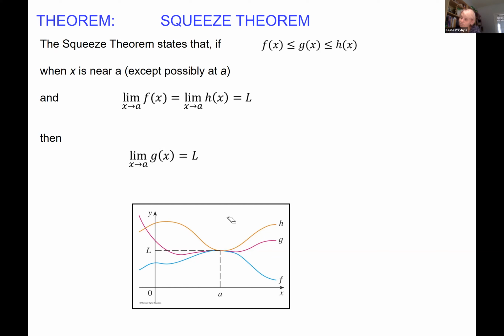The typical limit that we will ask will be the limit as x goes to 0 of x squared, for example, times sine of 1 over x. That means it's still a complicated limit, because at 0, sine of 1 over x is undefined, and x squared at 0 is 0.